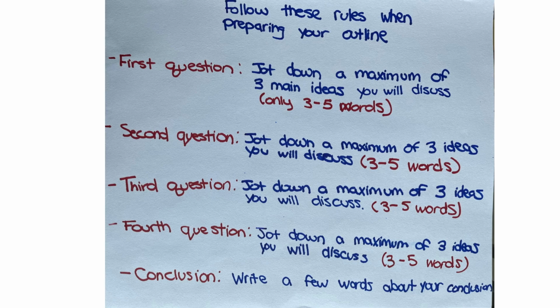For the second question, you need to jot down a maximum of 3 ideas you will discuss and only have 3 to 5 words for each main idea you're going to discuss. For the third question, you are going to jot down a maximum of 3 ideas you will discuss once again, and like I said, 3 to 5 words maximum.